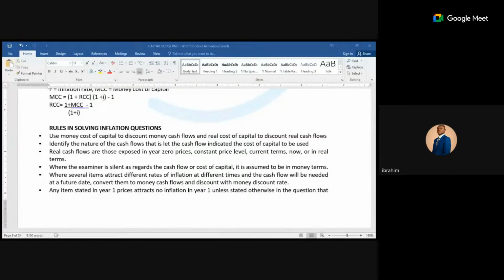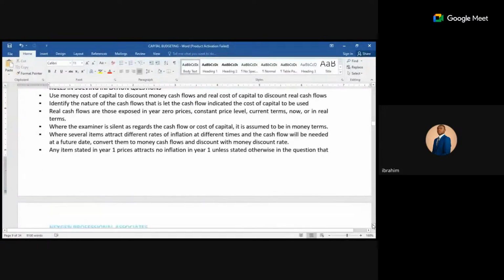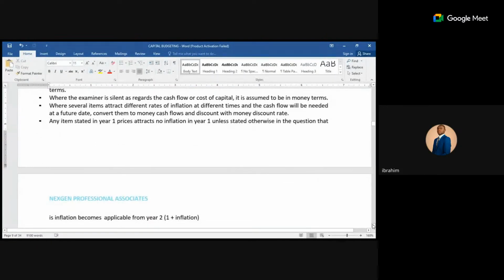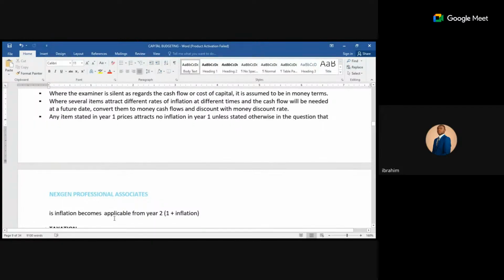To real. So the last one here is any item stated in year one prices attracts no inflation in year one unless stated otherwise in the question. That is, inflation becomes applicable from year two. We'll see a lot of questions like this. Then the person will now say, no, raise it to power one, this one two, this one three, this one four.